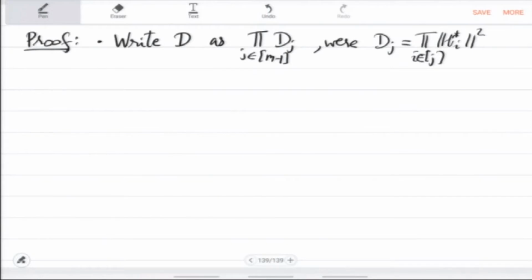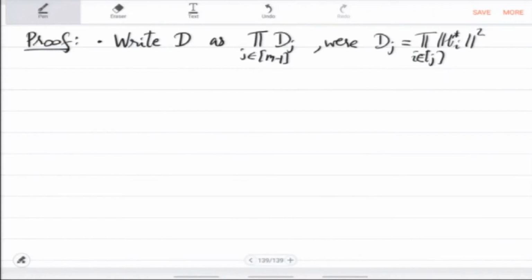Okay, so instead of these exponents that we put, we are removing the exponents essentially. So we are just multiplying b1 star length up to bj star length, squaring it. That is Dj, and you can see that D is equal to product of Dj.